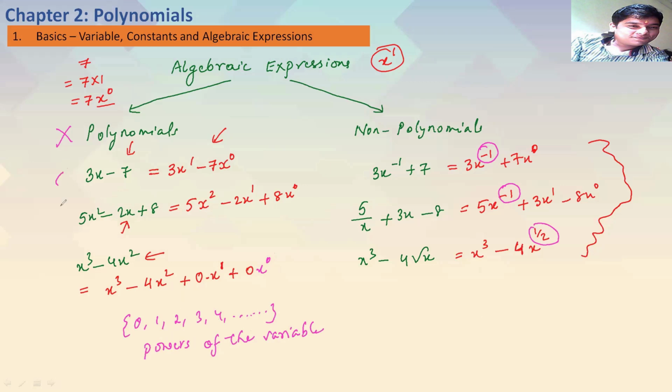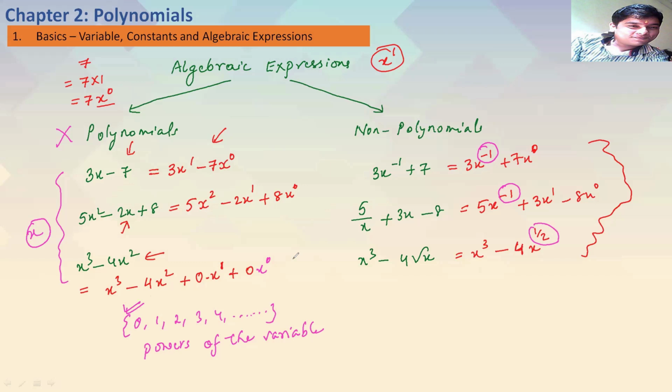What is the variable in all of this? X. So powers of x should be only these numbers for polynomials. Not a negative number, not a fraction. Are you getting the point? Very good.